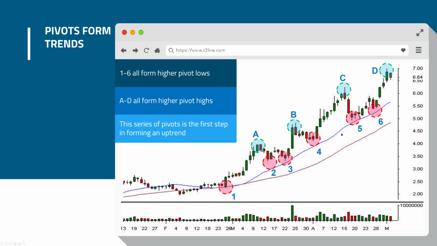We talk about pivots, how they form, because pivots are how trends form. So we talk about low pivots. What's a low pivot? A low pivot is when the buyers take back the control from the sellers. The sellers were in control, and now the buyers took back the control. And then a high pivot is bearish because it gives you a reference point where the buyers lost the control to the sellers.